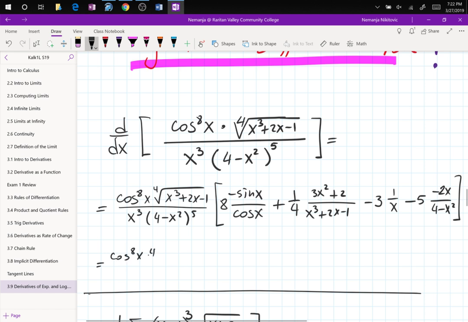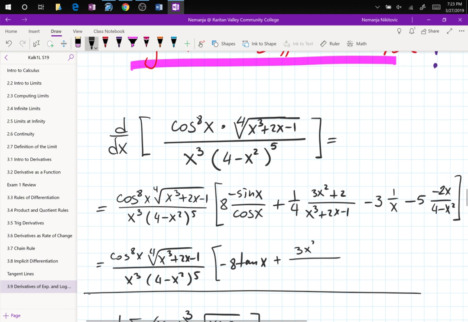Cosine 8x, 4th root of x cubed plus 2x minus 1, divided by x cubed 4 minus x squared to the 5th power, negative 8 tangent x plus 3x squared plus 2 divided by 4 open parenthesis x cubed plus 2x minus 1 minus 3 over x plus 10x over 4 minus x squared.